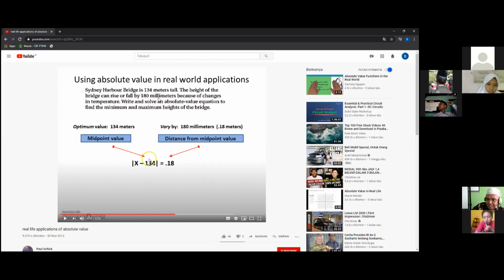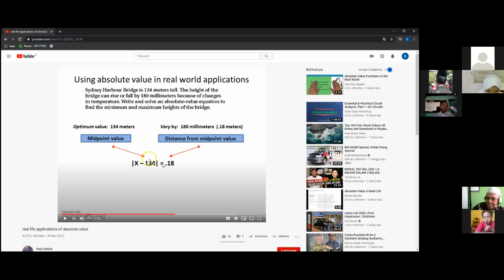This situation can be written as a mathematical equation, and the most suitable model for it is the absolute value equation, like this below. It can be interpreted as the absolute value of x minus 134 equals 0.18.